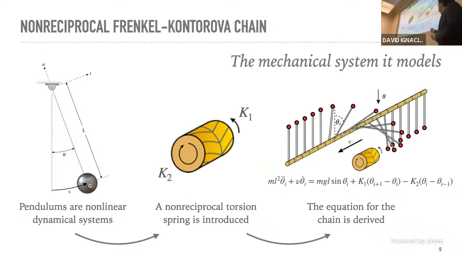Finally, one constructs the equation of motion, and one can see here in the structure that one has a non-reciprocal coupling because this matrix that I talked about is non-symmetric. Okay.